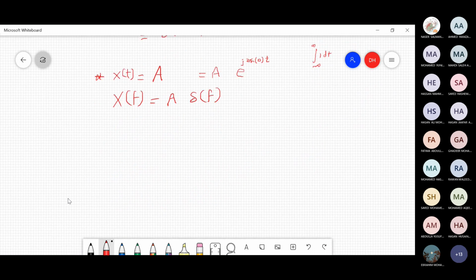Now what about if x of t is equal to, for example, a cosine omega naught t? What is X of f?